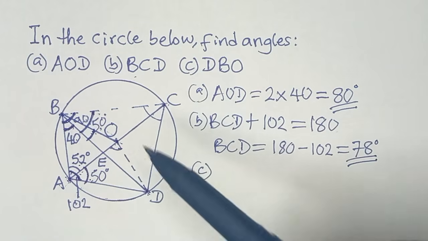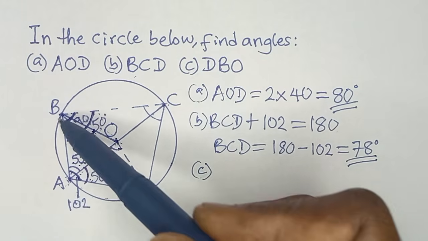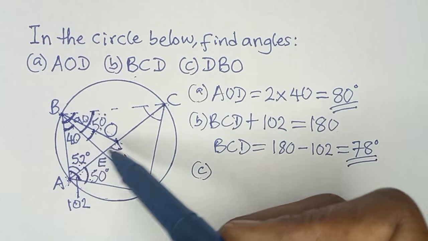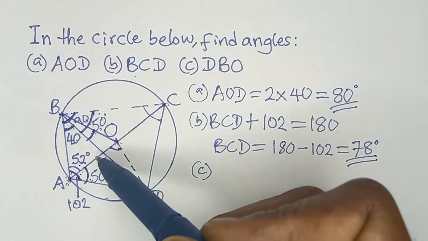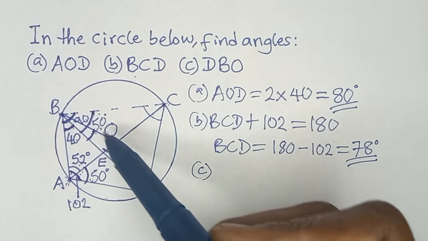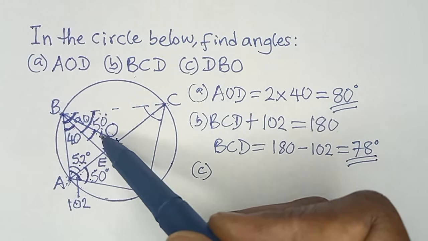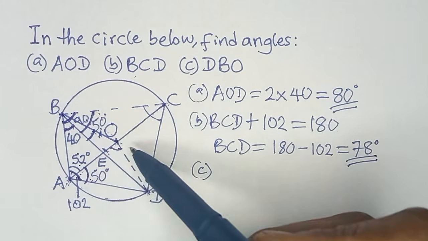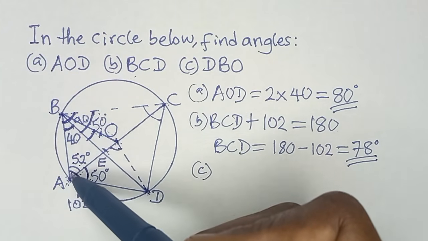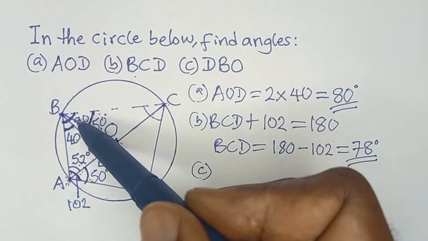Now, if you look at this diagram properly, ABO is an isosceles triangle. Why? Because this OA is a radius of the circle, and then BO is also a radius of the circle. So these two lines are equal. BO is equal to AO. So that means this triangle is an isosceles triangle.